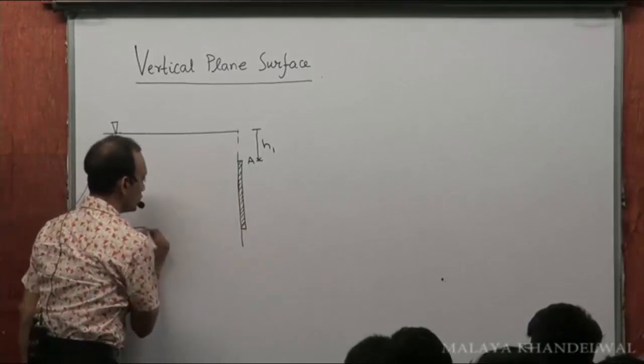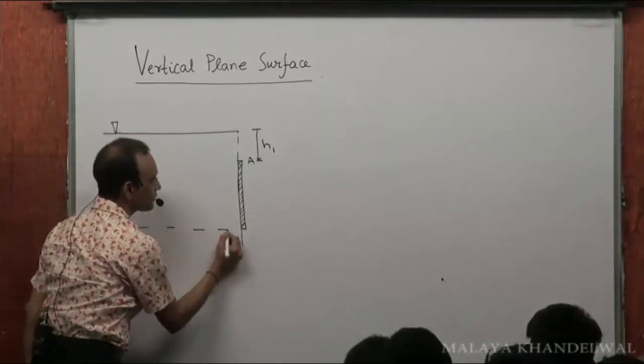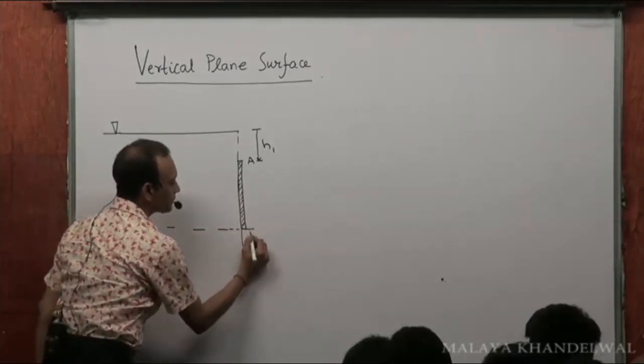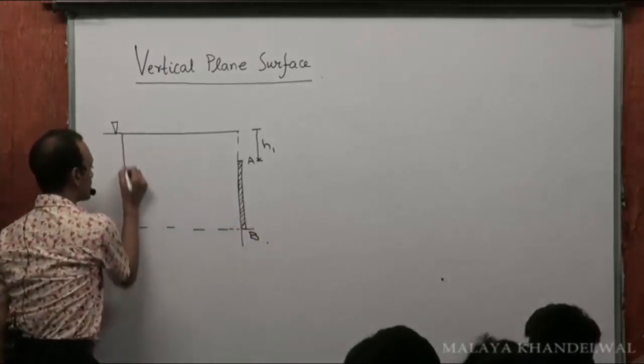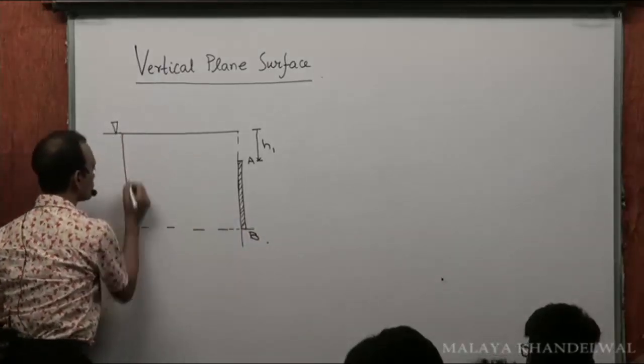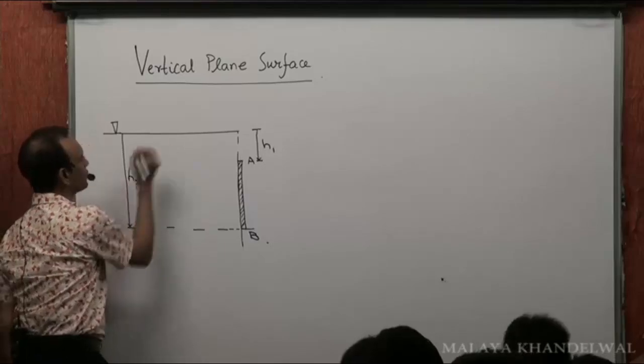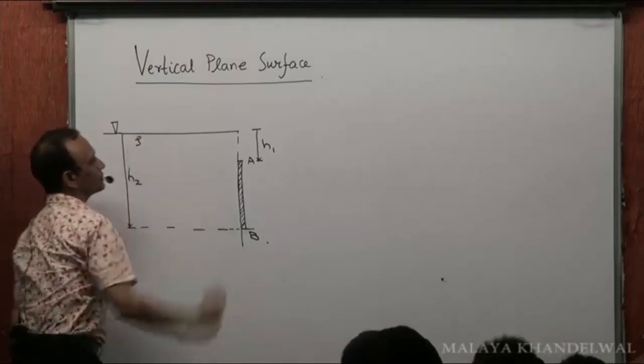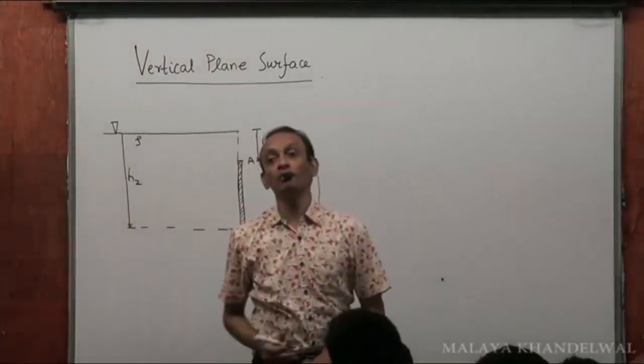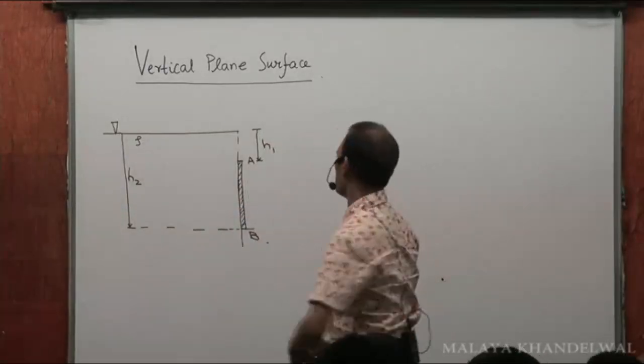And whose lower end B is at a depth h2 below the free surface of a liquid of uniform density rho. Okay.